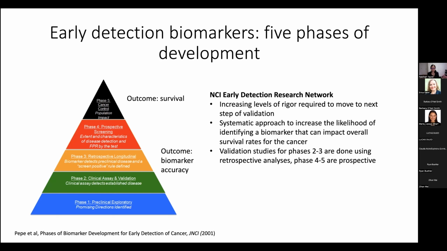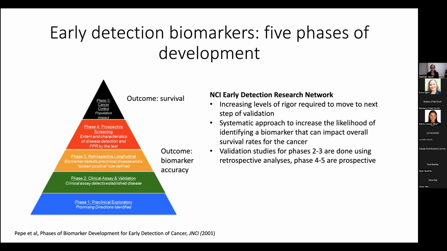So you can see how we move from these very exploratory studies, lots and lots of studies, moving up to the top of the triangle where we're doing clinical trials to evaluate the biomarker for its intended use, which is, can it impact mortality?